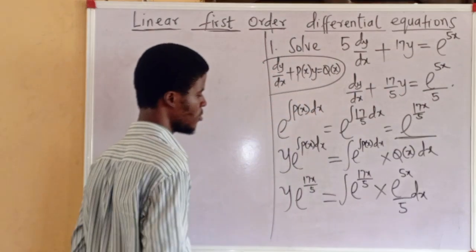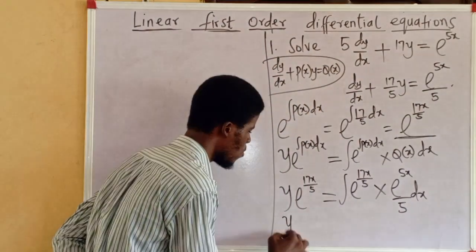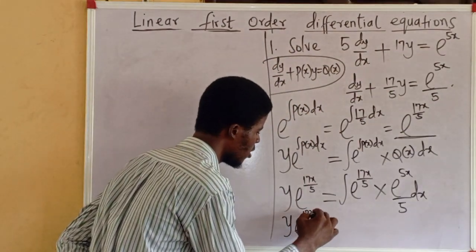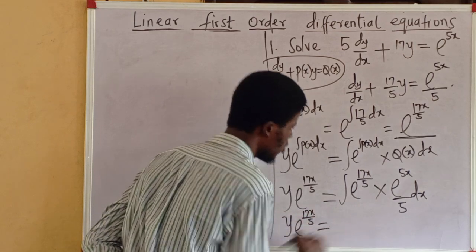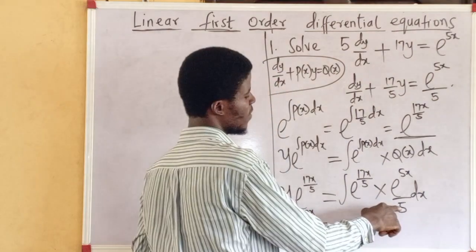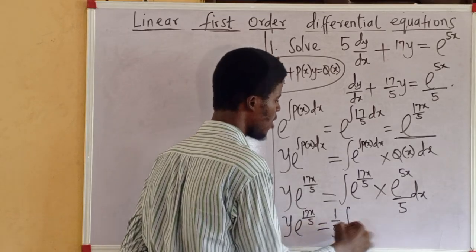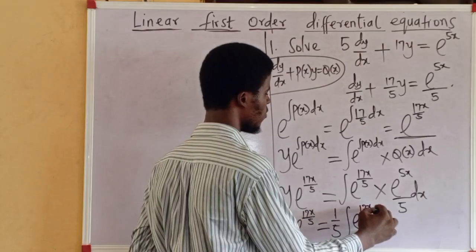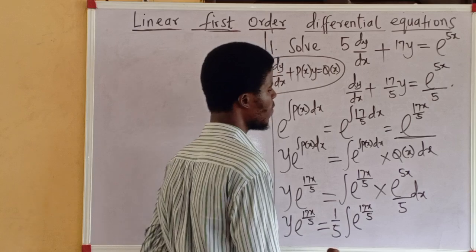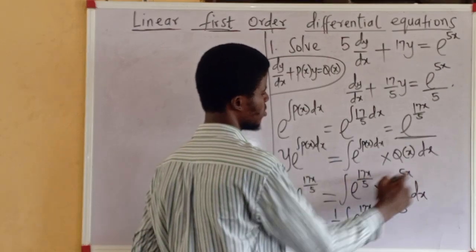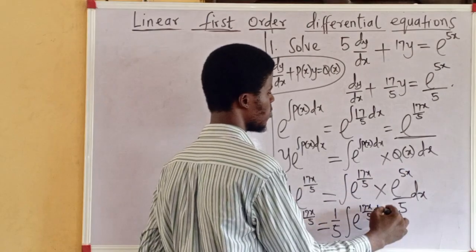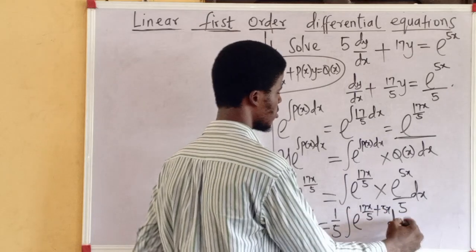So let's go ahead now. We have y e to the power of 17x over 5 equals, this 1 over 5 can come out, 1 over 5 times the integral of e to the power of 17x over 5, by the law of indices, we add their powers since their bases are the same, plus 5x dx.